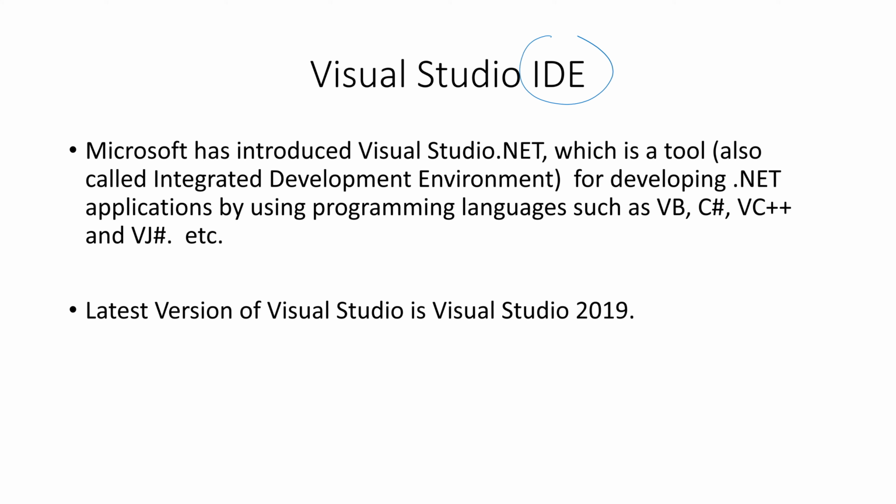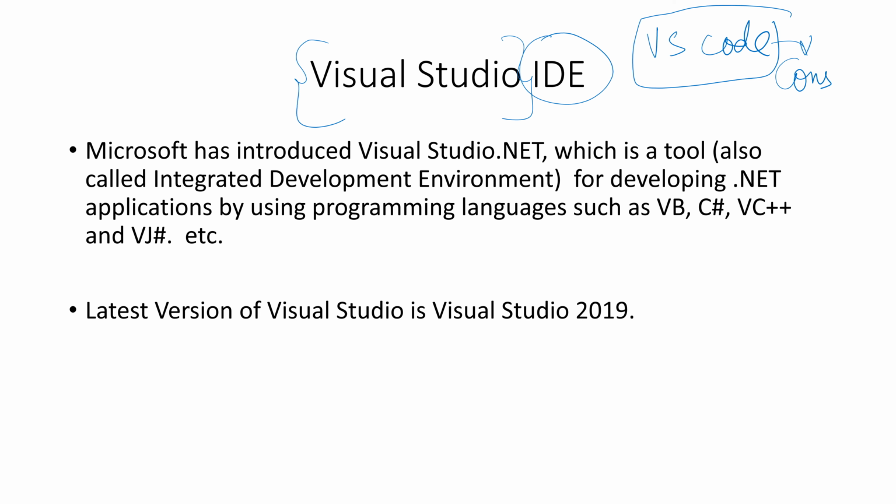Now let's talk about the IDE, integrated development environment, whatever we will be using to develop our applications. Okay, so we will be using Visual Studio as well as Visual Studio Code. Visual Studio Code is nothing but a simple lightweight editor, and it is capable of creating your console based applications without needing to install the whole Visual Studio.